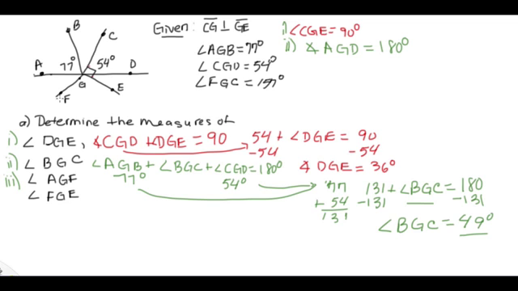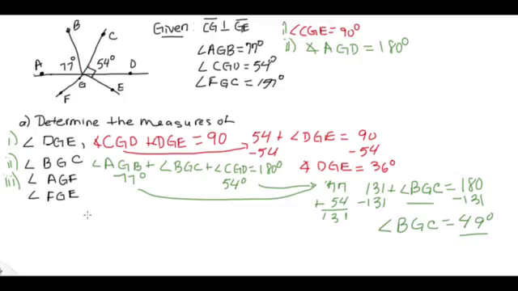So if FGC is 157 and AGF is a part of it, and we know 77, and now we know BGC, we can find out what this is.